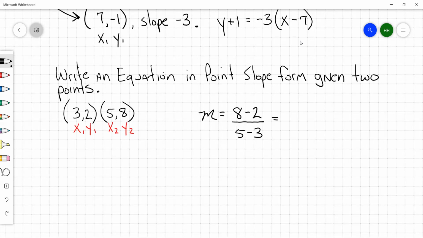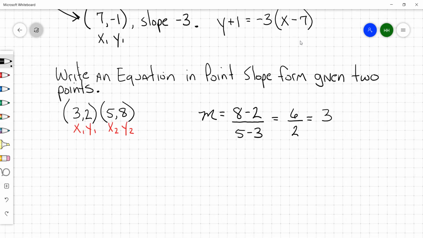And 8 minus 2 is 6. 5 minus 3 is 2. And 6 divided by 2 is 3. So 3 is your slope. So now you're going to write an equation in point-slope form given 2 points.